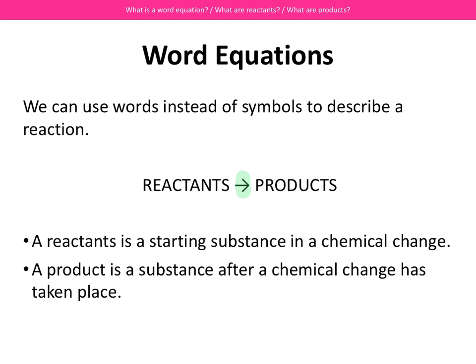So we have reactants that we start with, and they are on the left-hand side of the arrow. And then when those atoms are rearranged and the reaction takes place to make the products, we have the products on the right-hand side. If I was reading out the equation that's written at the centre there, I would say the reactants "go to" and then the products, or "react to form" and then the products. So our reactants are whatever we start with, our products are whatever we make.